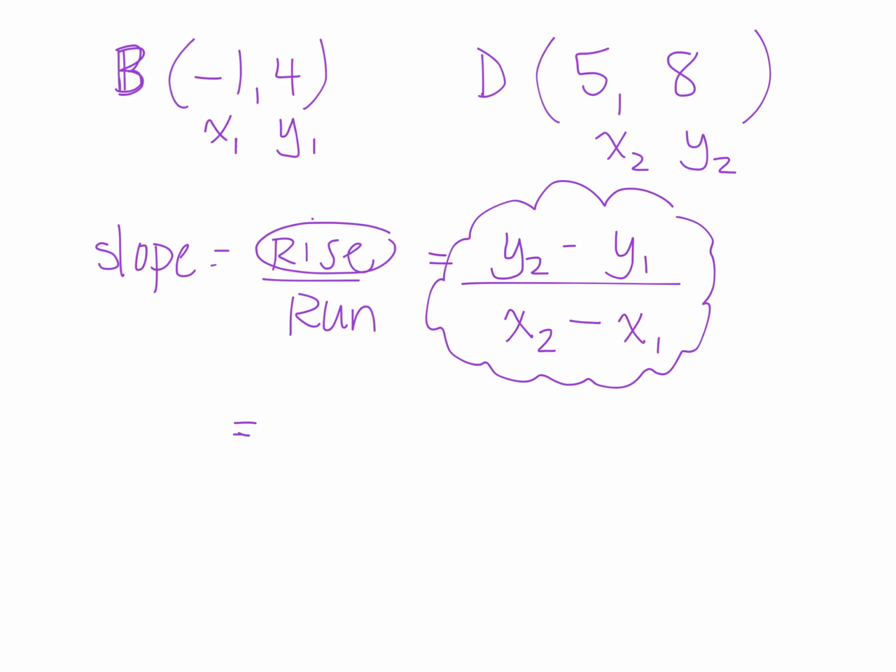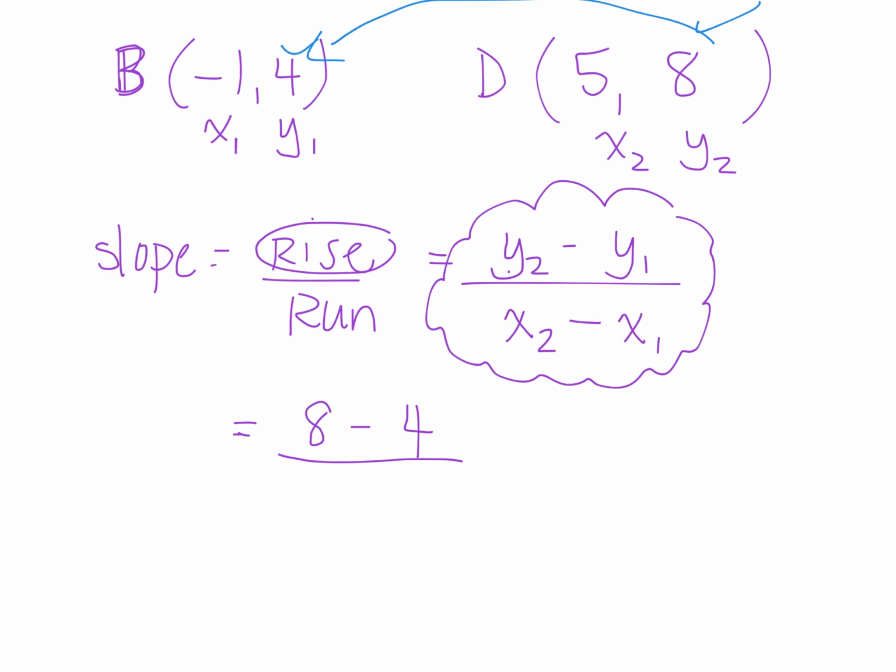What is y2? What did I label as y2? 8. Take away, what did I label as y1? 4. So we used y2 minus y1, subtracting my y values so I can see the difference between the two, so I can figure out what the line rises by. And then I'm subtracting my x values.